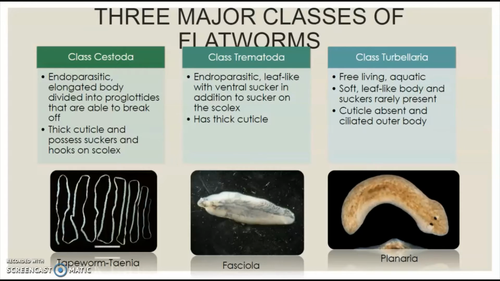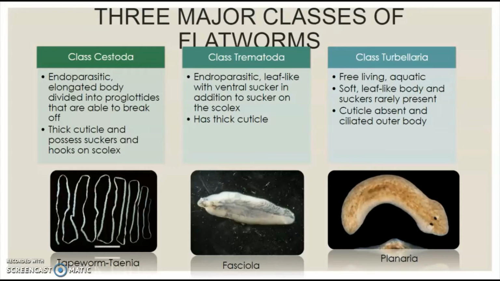Second, it has a thick cuticle and possesses suckers and hooks on the scolex. Cuticle is the outer layer of their bodies and scolex is the head-like segment of the tapeworm. For class Cestoda, the example is the tapeworm Taenia.